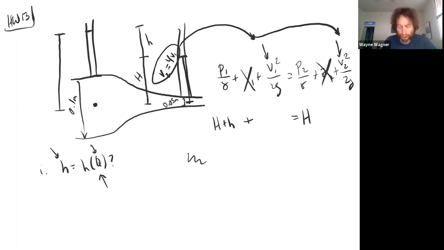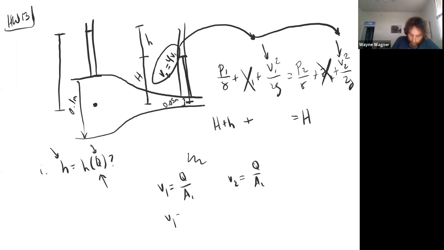So in this case, for V1 and V2, what I want to plug in is V1 equals Q over A1. Because this way, if I plug that in instead, Q is going to be in my expression and I'll be able to pull that out. And V2 equals Q on A2. So I can, quote unquote, solve those.